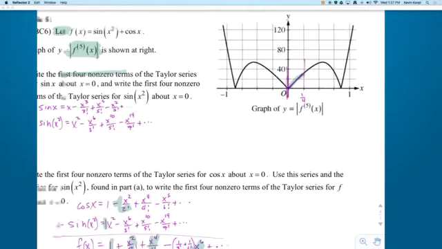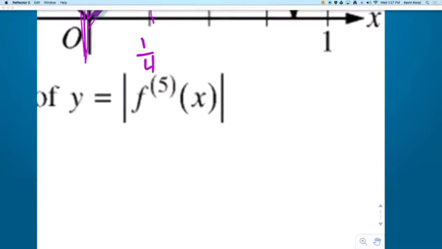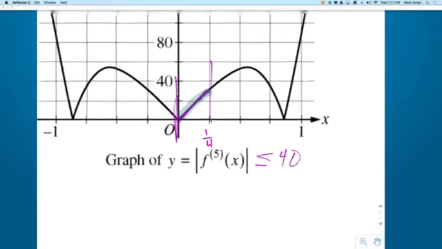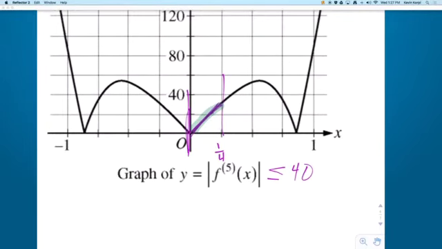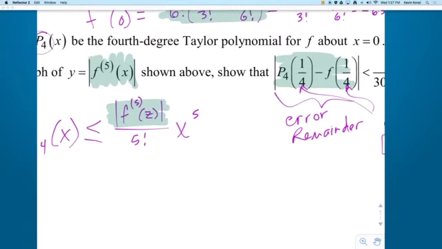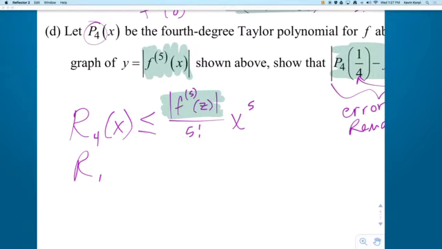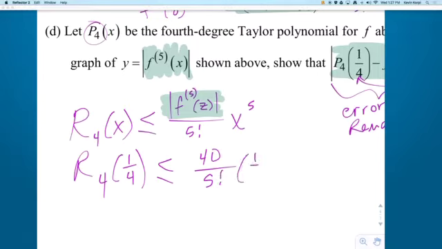So 40 works here. All right, so I know that this is less than or equal to 40. Would you agree? On that interval, this is less than 40. Any objections to that? So this is your smallest safe upper bound. So now I can say that the remainder, using a fourth degree polynomial at x equals 1/4, is less than or equal to 40 over 5 factorial times 1/4 to the 5th power.